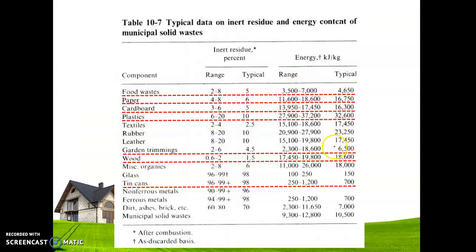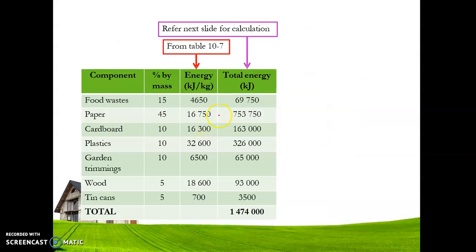So you extract the data from here based on the component, right? So the total energy is actually the mass percentage times 4650. So you get this data, right? So you multiply all these values, and then you sum up, and you will get the total energy content of your waste, right?